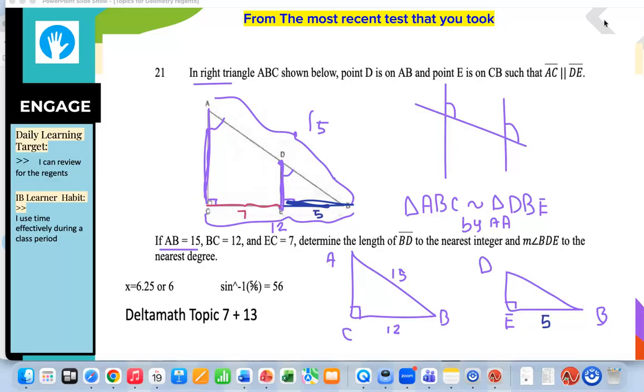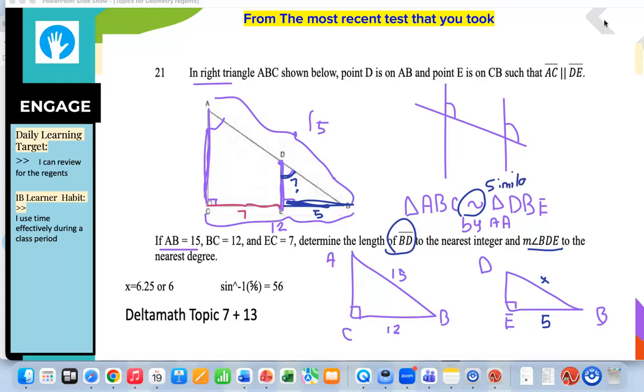So you have to realize that, oh, that must be 5. And now we're looking for the length of BD, and we're also looking for the measure of angle BDE, which is this angle. So we could put a little question mark right here, and we could also put maybe X right here, right?